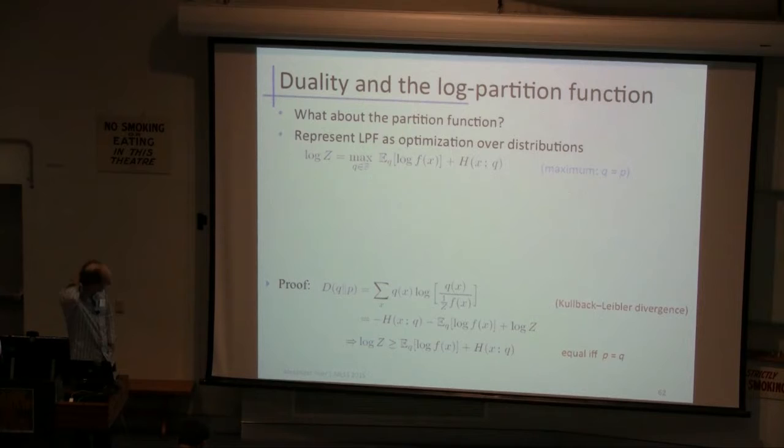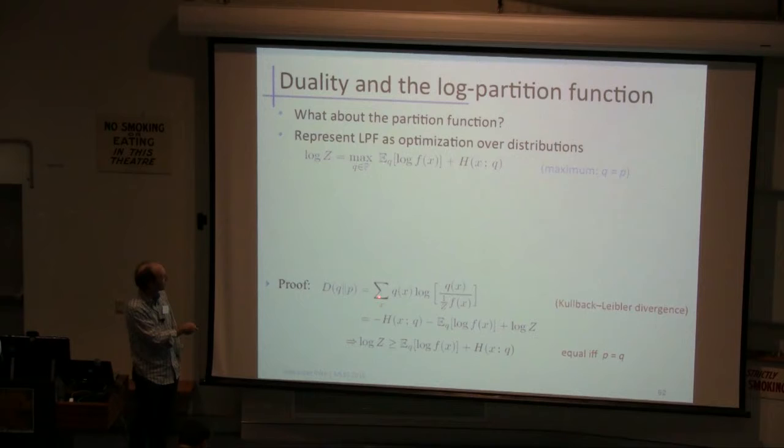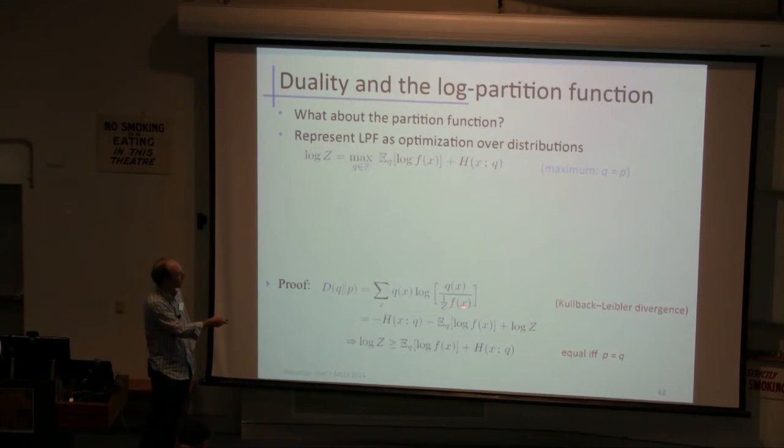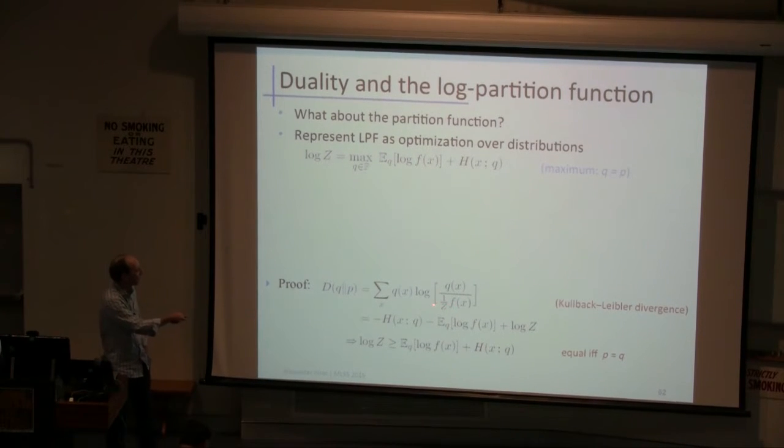And this is actually fairly easy to prove if you're familiar with the KL divergence. So the Kullback-Leibler divergence between two distributions Q and P is just the expectation under Q of log Q over P. And here P is our normalized version of F, so F divided by the partition function.